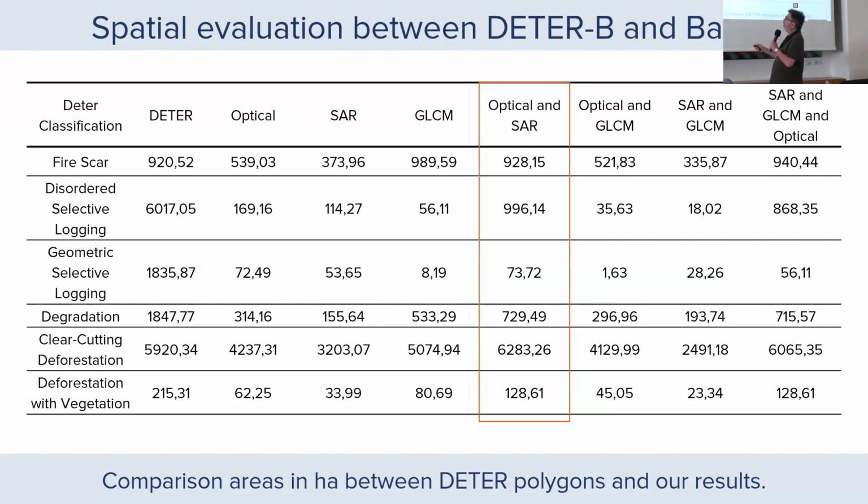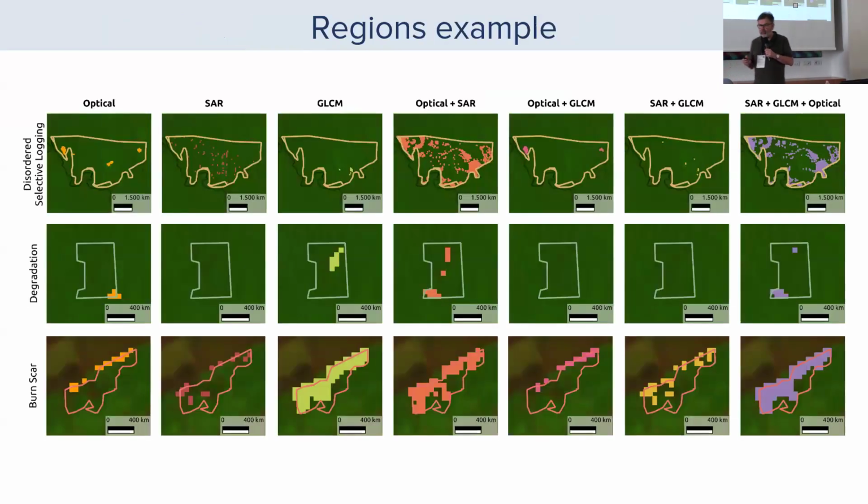And for the selective logging, the data is even worse. Geometric selective logging, 1,800 hectares against 73. So we can sum up this experiment by considering also the visual interpretation.